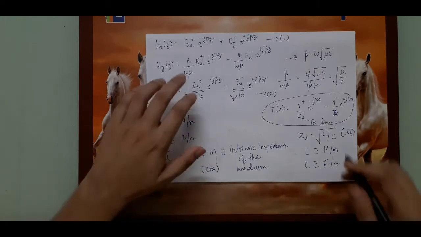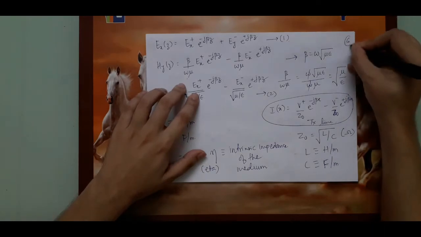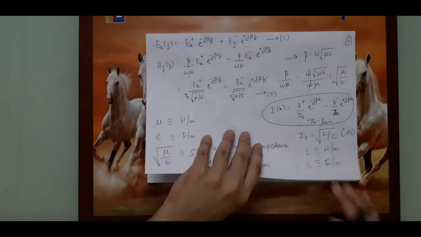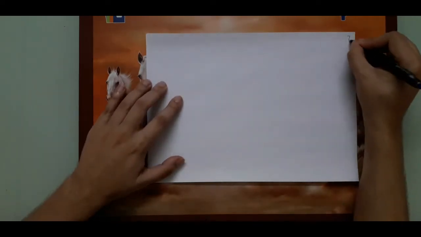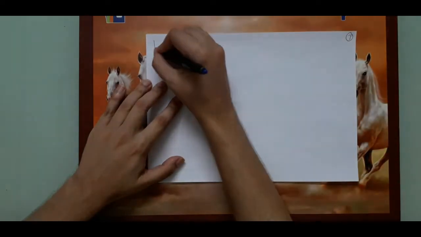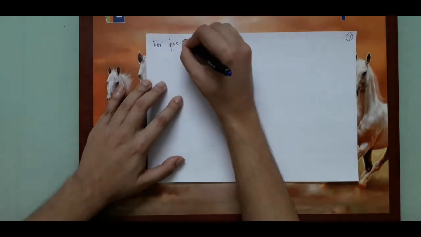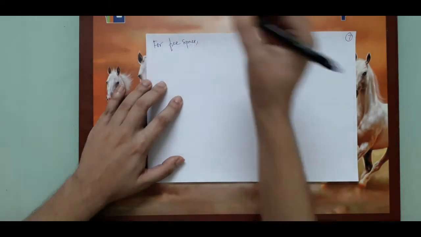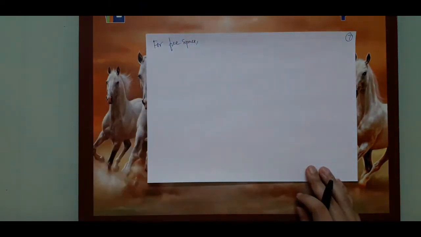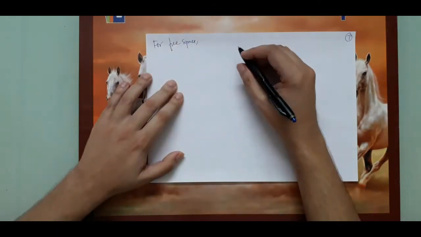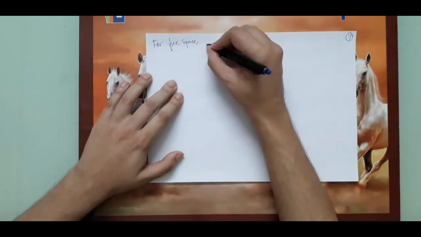Now let us look at this intrinsic impedance a little more closely. Just like how we had calculated the velocity of the wave in free space, we can also calculate the intrinsic impedance of any medium, or let us say free space.